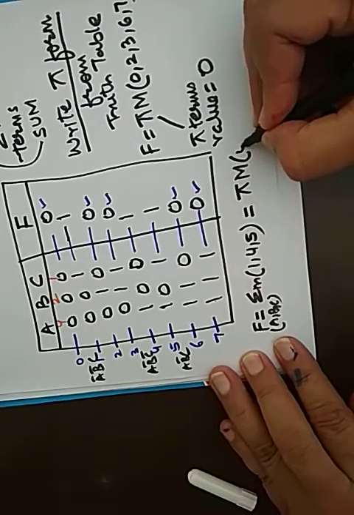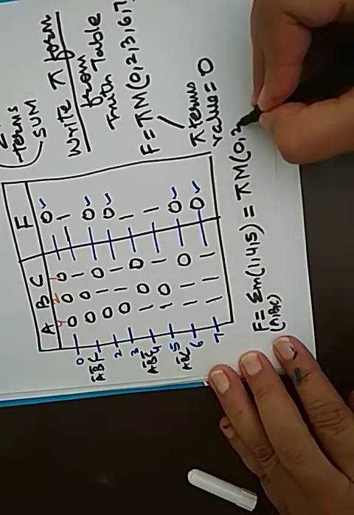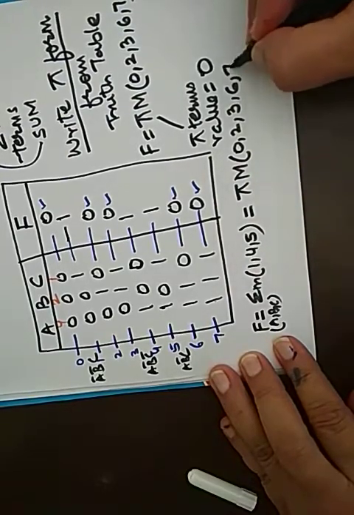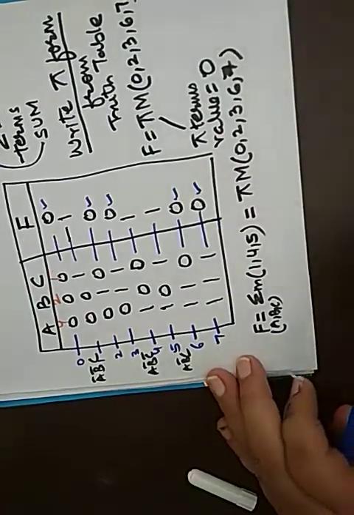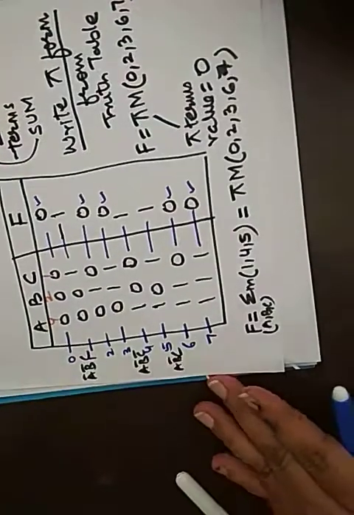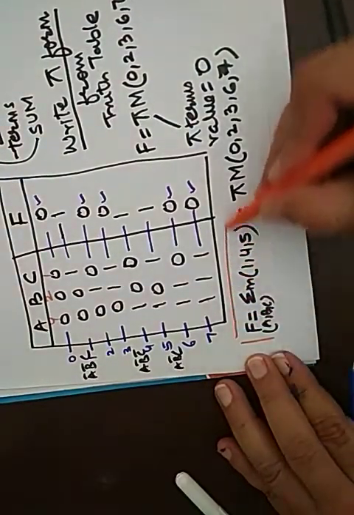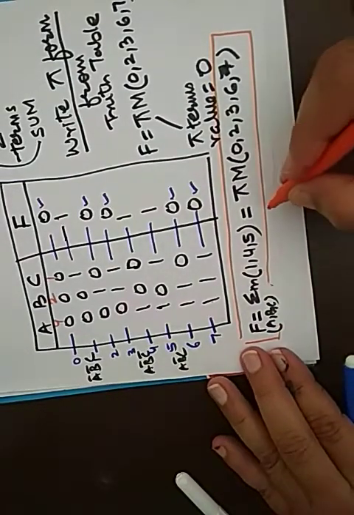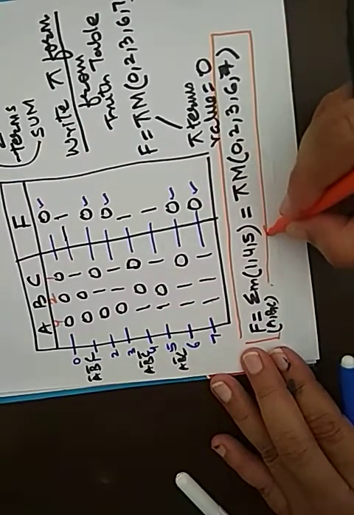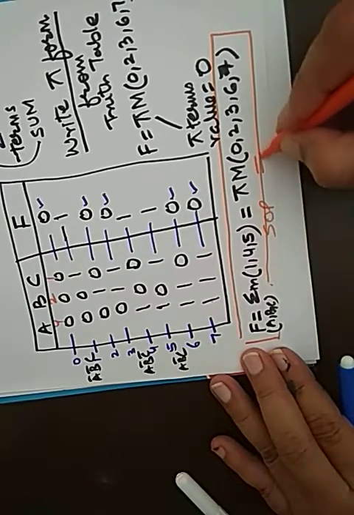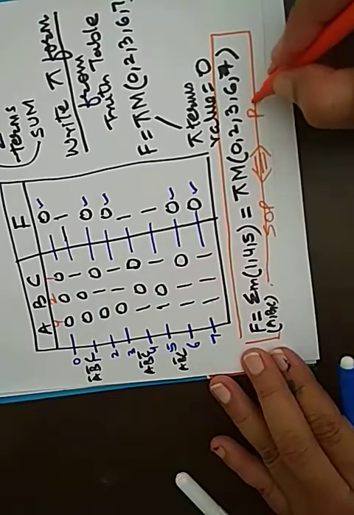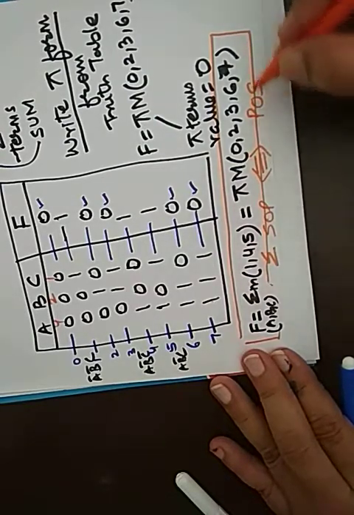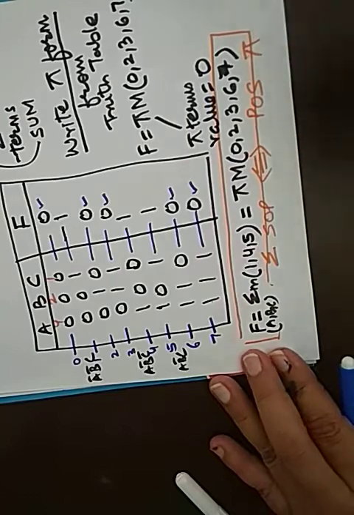The remaining will be 0, 2, 3, 6 and 7. This is the conclusion of this subtopic, that a given SOP can be converted into its equivalent POS. A given sigma can be converted into its equivalent pi form.